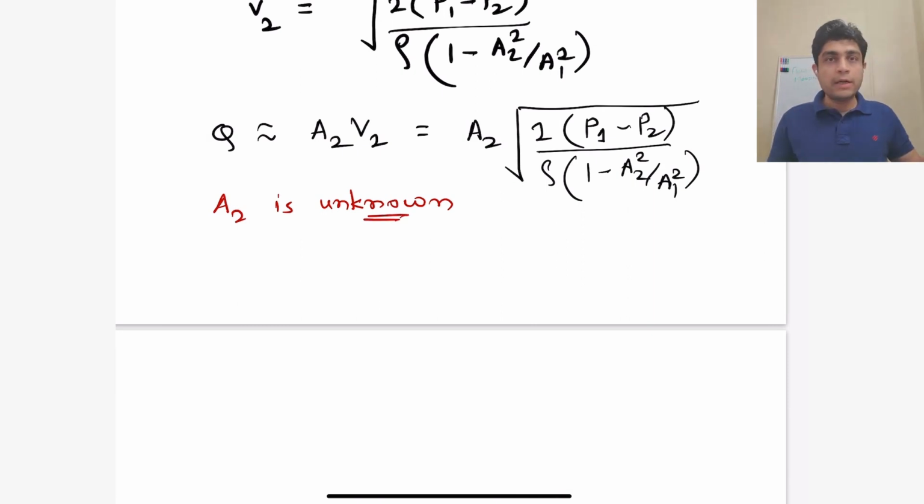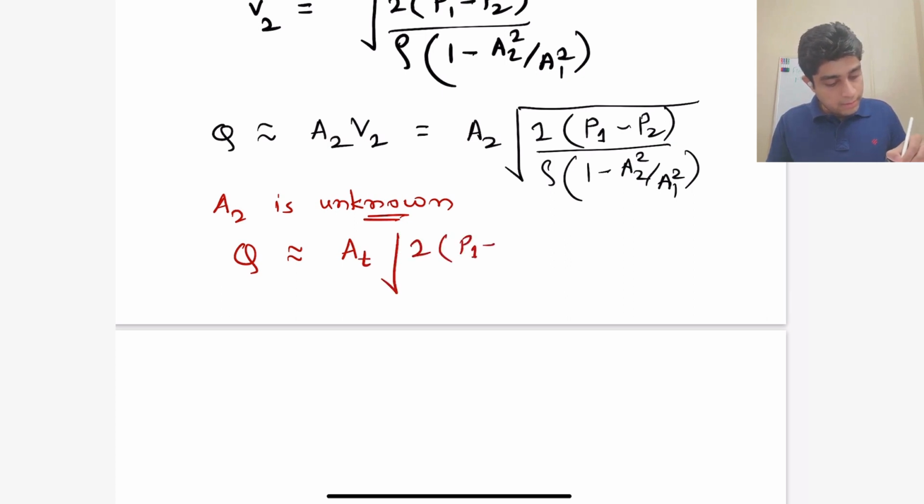So since A2 is unknown, we approximate A2 by a known area, which is the area at the throat, and then your flow rate is approximately equal to the area at the throat multiplied by this velocity term.